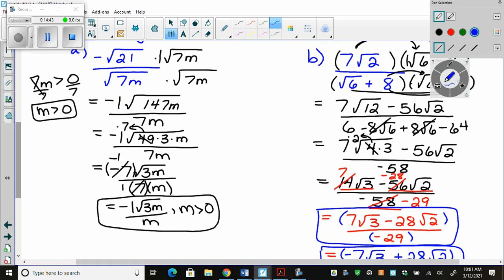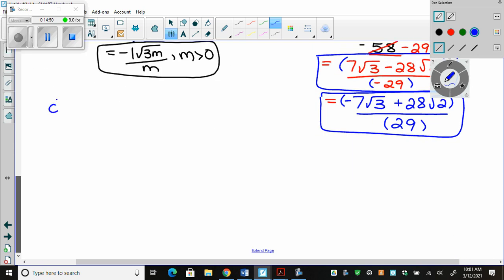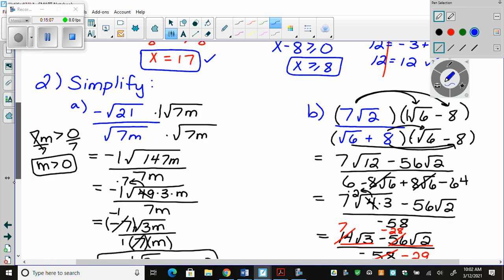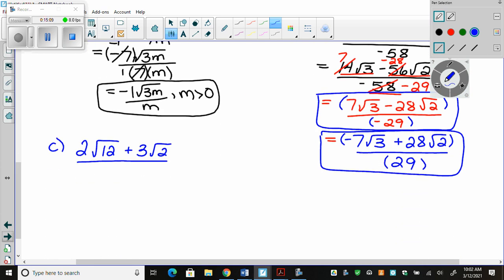So I did a division where I had monomial over monomial. I did a division where I had a monomial over a binomial. What do you think my last division one's going to be? Binomial over binomial. You are correct. So I'm going to go 2 root 12 plus 3 root 2 over 4 root 2 minus 6 root 3.